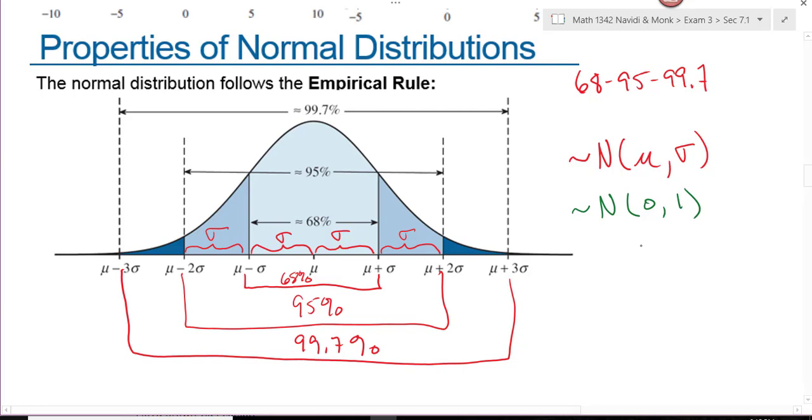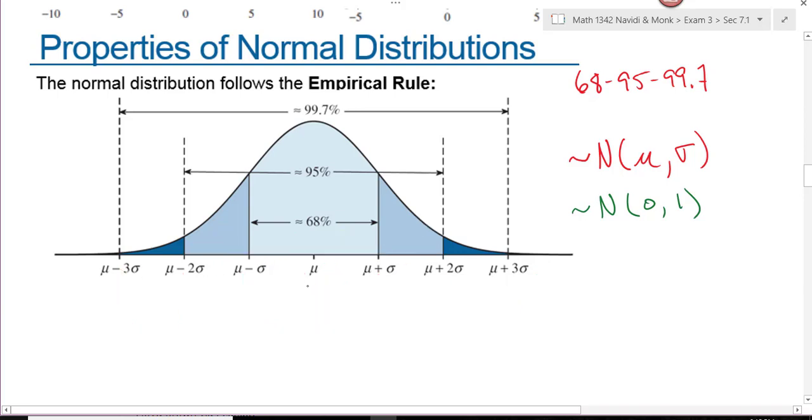When we have a standard normal distribution, the numbers along the bottom here would be 0, 1, 2, and 3, and then -1, -2, and -3. So for a standard normal distribution, my mean would be 0. The mean plus 1 standard deviation is 1. The mean plus 2 standard deviations is 2. The mean plus 3 standard deviations is 3, and so forth and so on.